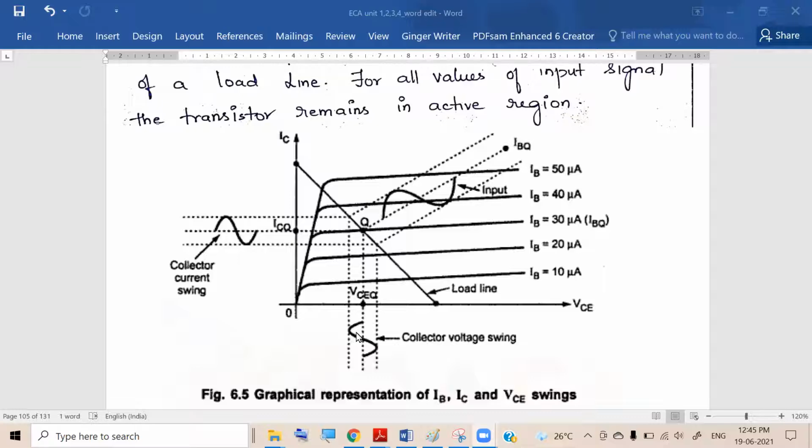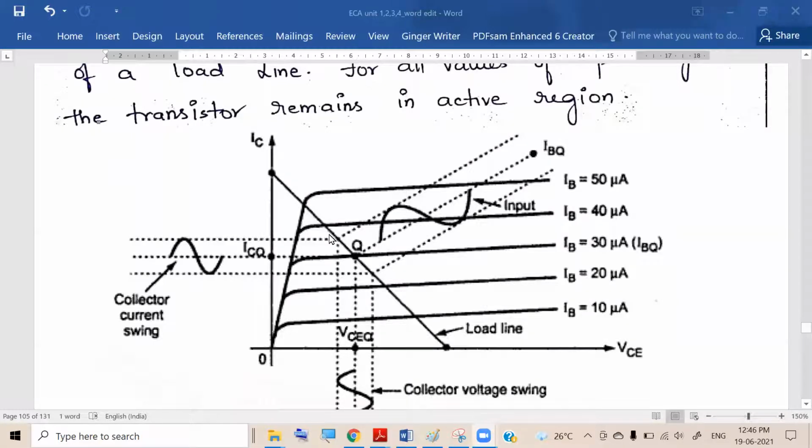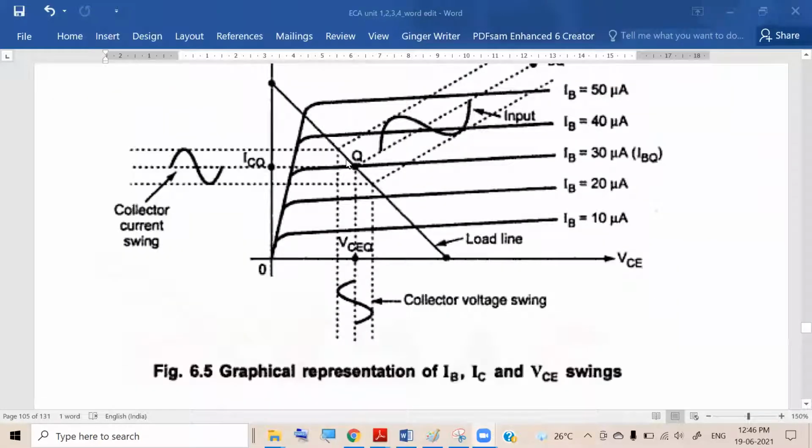When the IC increases, from here to here, the VCE reduces. So when we have a positive half cycle at IC, we have a negative half cycle at VCE, and VCE is the output voltage.